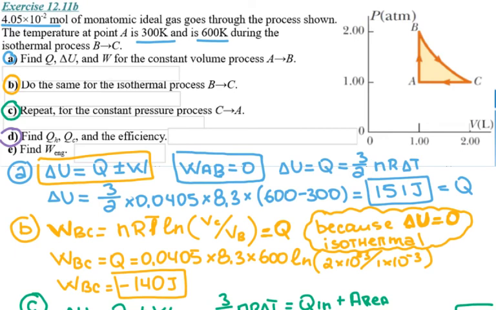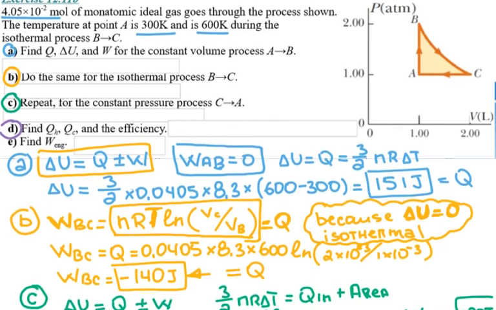I used the isothermal process formula, with the volume final over initial, plugged it in, and found what the work is equal to, and that is actually the heat as well. So that is equal to the heat between B and C.